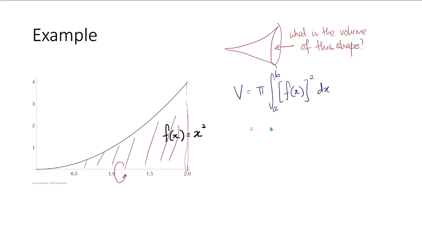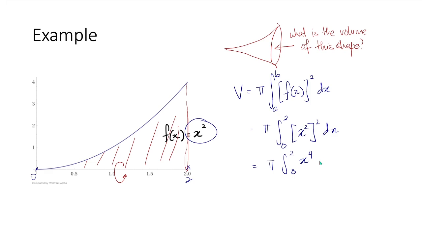In this case the interval is from 0 until 2, so we just put this here, and then our function is x squared, squared, dx. So what we got here is the integral of x to the power of 4, dx. The next thing you need to do is just evaluate this integral between the interval 0 and 2.